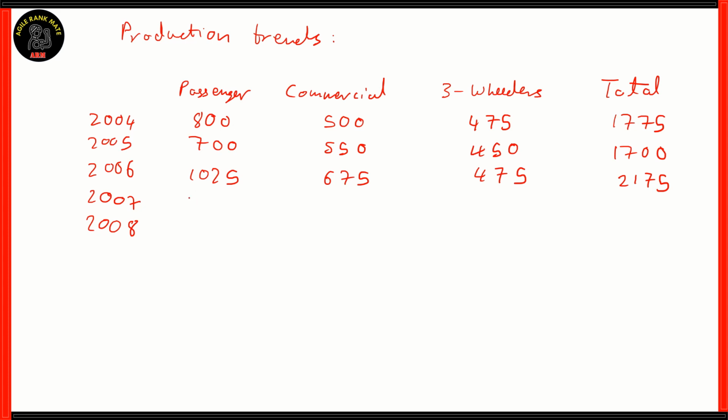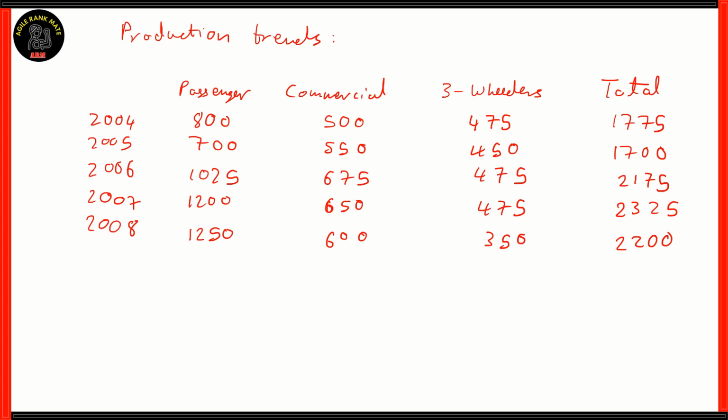For 2007, it's 1,200, 650, and 475, which gives you a total of 2,325. And the final year is 2008. You get 1,250, 600, and 350, which gives you a total of 2,200. So this is the table for production trends.